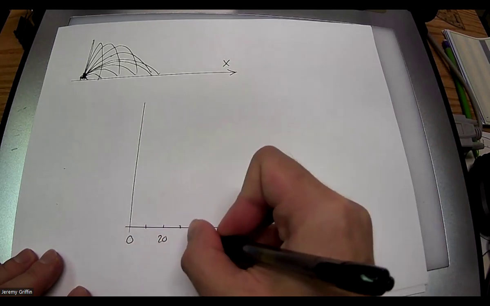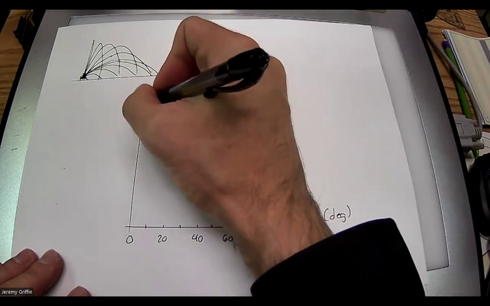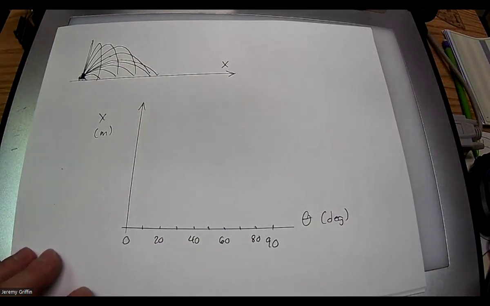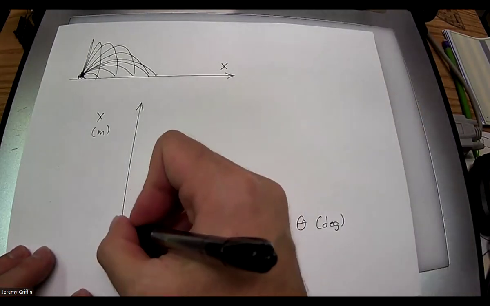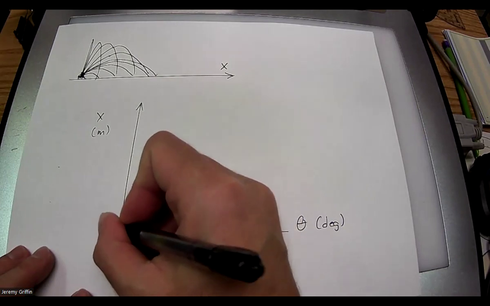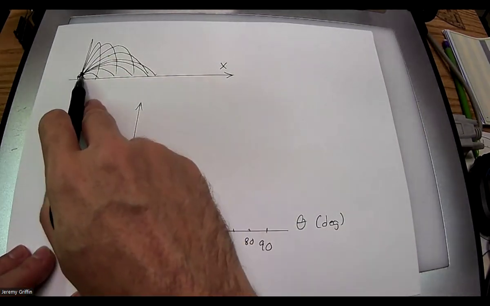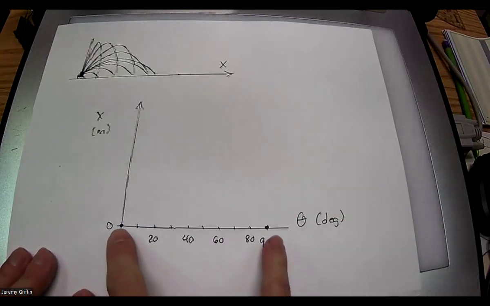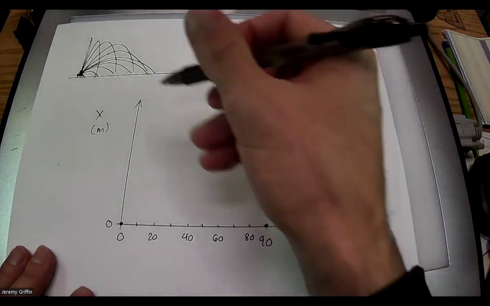And on the vertical axis, the range in meters. When I aim it straight horizontal, at ground level, it didn't really go anywhere, so 0, 0 is pretty much a point. Also, if I aim it straight up, it just comes straight down and lands where it started, which is also 0 range. So those two points could be on the graph. And then everything in the middle.